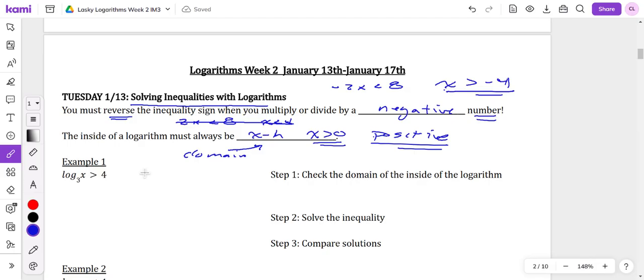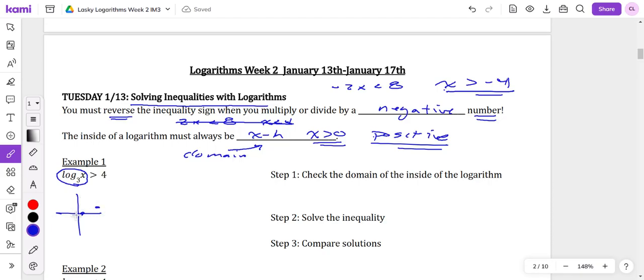So when we're dealing with this, let's disregard the inequality right now. Let's just take log base 3 of x and graph that real quick. We know this graph has the points (1, 0) and (3, 1), and it goes up like that.